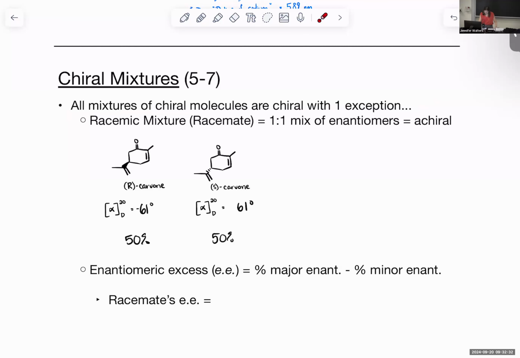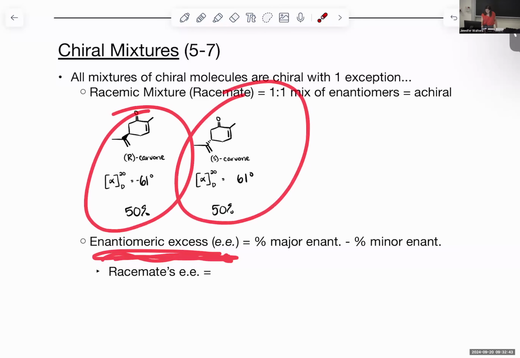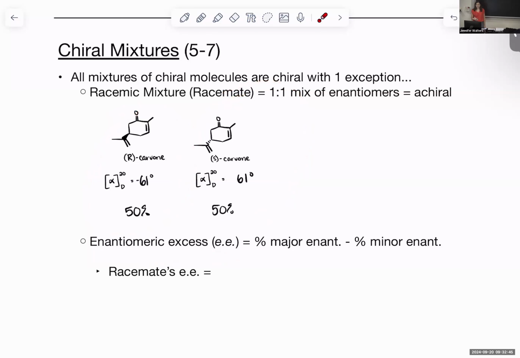So when we're looking at these mixtures, it becomes useful to report out the enantiomeric excess, the ratio to which we see the R and S enantiomers. Because if it's not exactly a one-to-one ratio, if it's not exactly 50% and 50%, then you're going to see rotation. If I put both of these molecules in exactly, that equals 0.